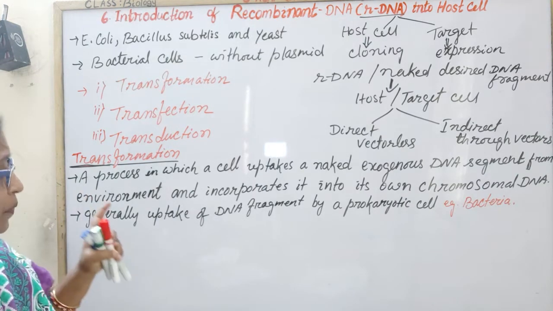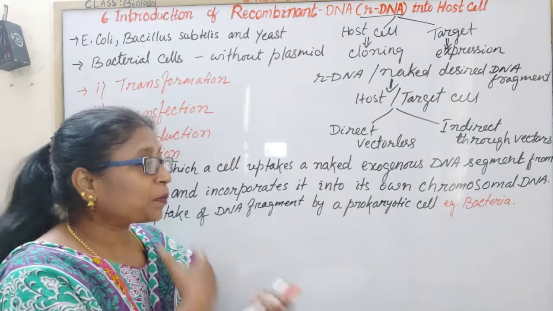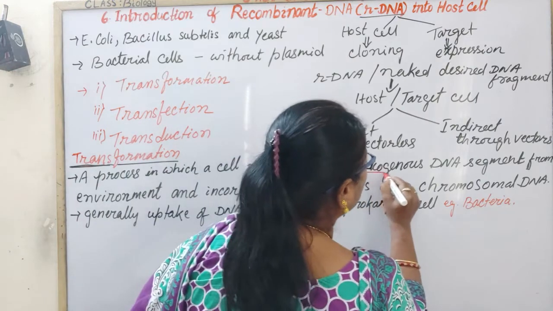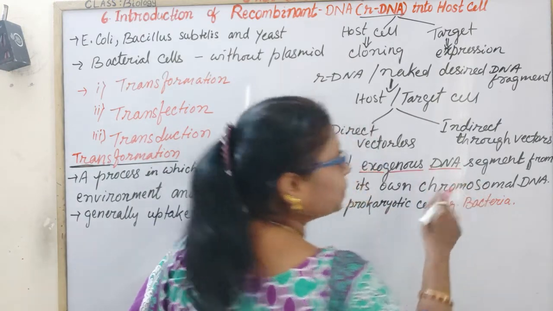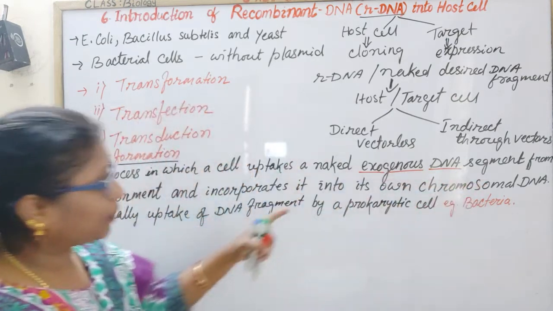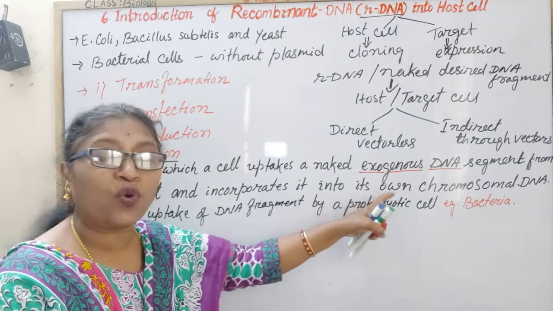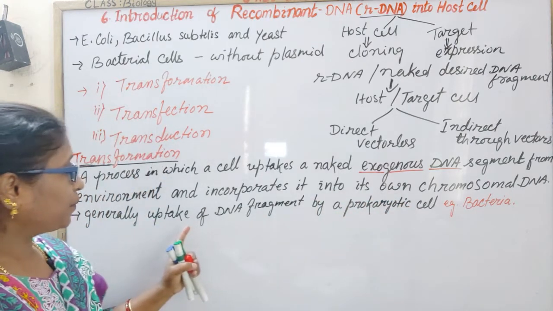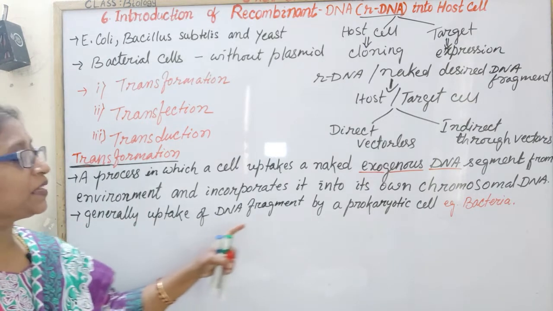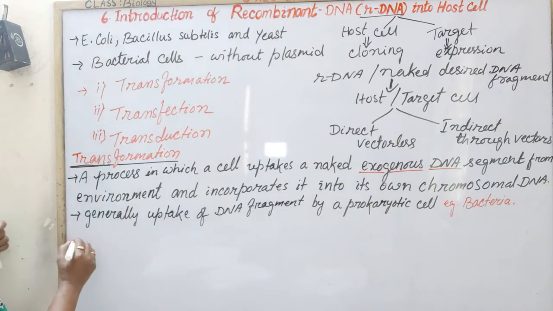In bacteria, the prokaryotic cell, it is the uptake of exogenous genetic material, the DNA of some other species, a DNA fragment from the environment, and incorporating it into its own chromosomal DNA.